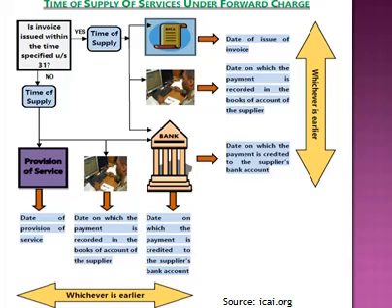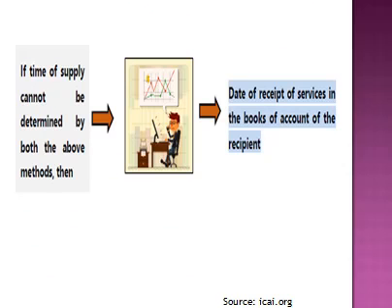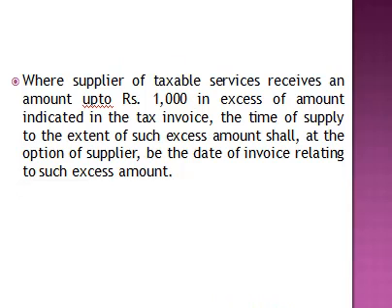Now the topic which we were discussing was about the excess payment. In terms of the provision of section 13, in case of payment up to rupees 1000 received in excess of the invoice value, the supplier can choose to take the date of invoice issued with respect to such excess amount as the date of supply of services in relation to that excess amount.